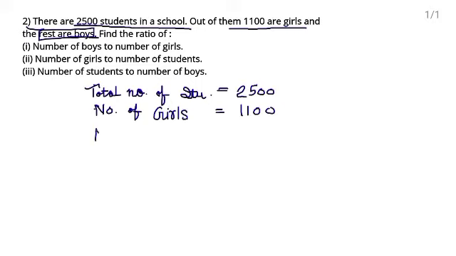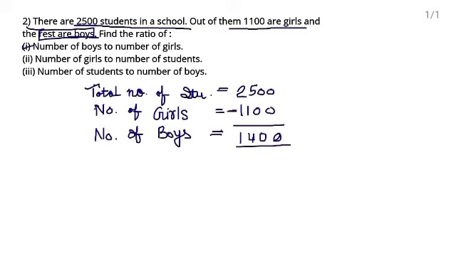It means to find the number of boys, you will subtract the number of girls from the total number of students, right? So 0 minus 0 is 0, 0 minus 0 is 0, 5 minus 1 is 4, 2 minus 1 is 1. So this is the number of boys.